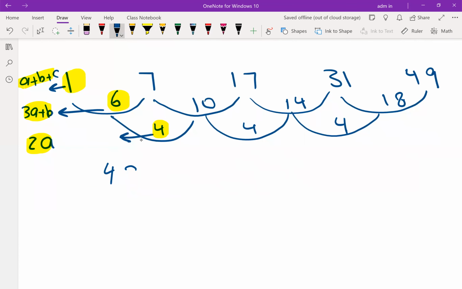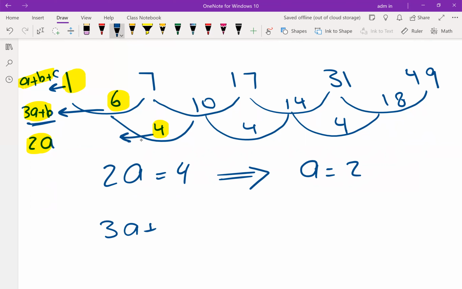2a equals 4. So a equals what? a equals 2. Next, 3a plus b equals 6. We already have the value of a, which is 2. 2 times 3 is 6, move to the other side, b equals what? 0.